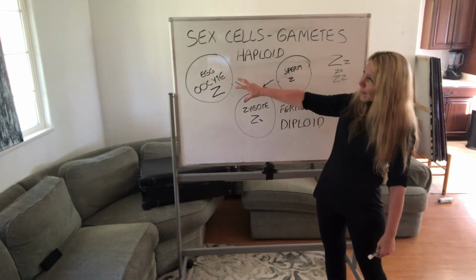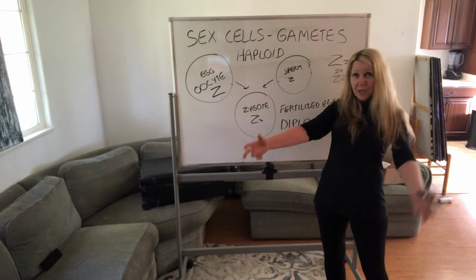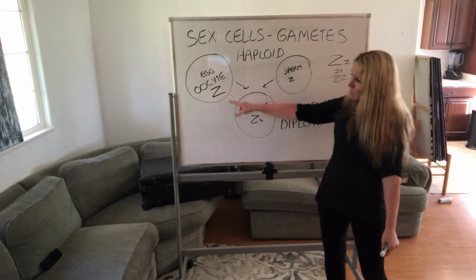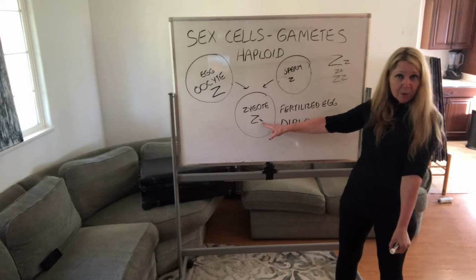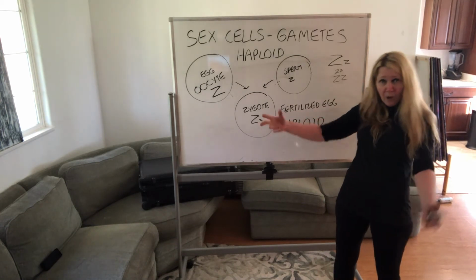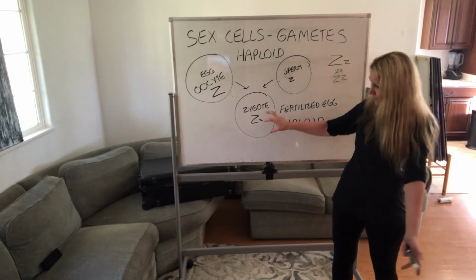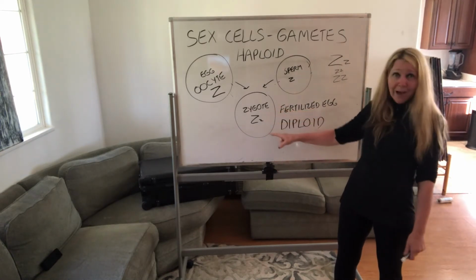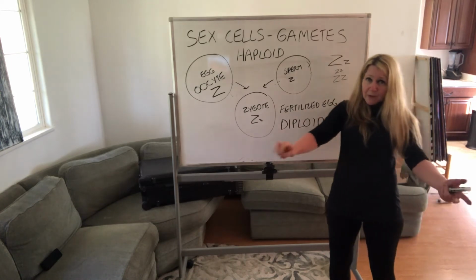But this is how it happened. This is why we have two copies. So if we're just looking at the gene Z, let's say the big Z comes from mom, little z comes from dad. The zygote then is big Z, little z. Now we all start off as a zygote. And then this zygote is going to divide into two cells. And then those two cells are going to divide.